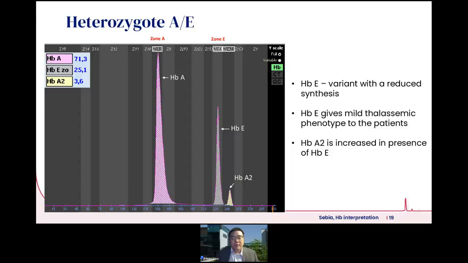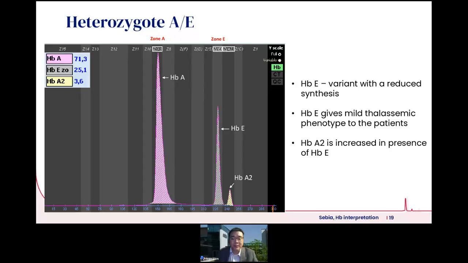Now, the heterozygous form of hemoglobin E, even though it's a beta variant, you will notice that the hemoglobin E fraction in this case is lower. It's about 25.1%. Uniquely, hemoglobin E is a special variant with reduced synthesis.